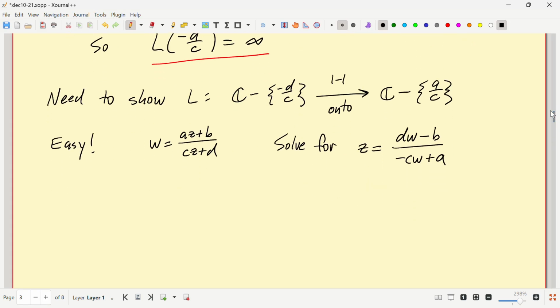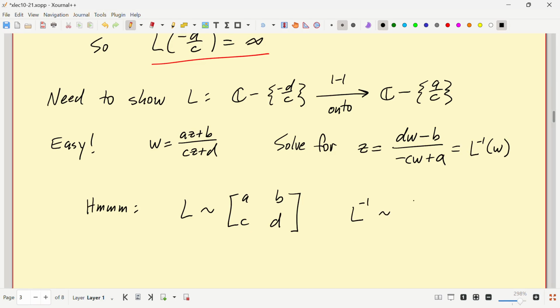That should be a familiar looking thing. So how am I going to remember this fact? L corresponded to a matrix A, B, C, D. And this is L inverse, L inverse of W. And we see that L inverse corresponds to a linear fractional transformation.